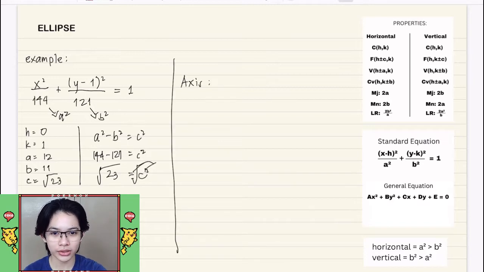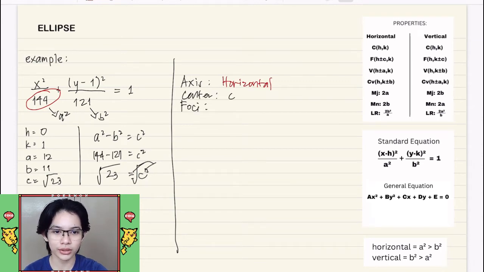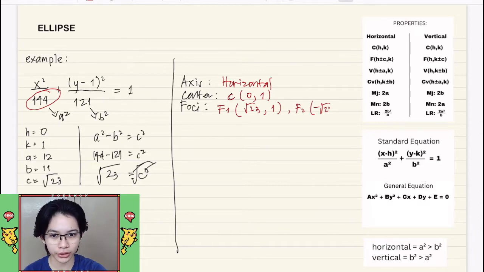The axis is horizontal as a² is bigger than b². For the center, we just write h and k, which is (0, 1). Next is the foci. For a horizontal equation, h plus or minus c should be followed. F1 is (√23, 1), while F2 is (-√23, 1).